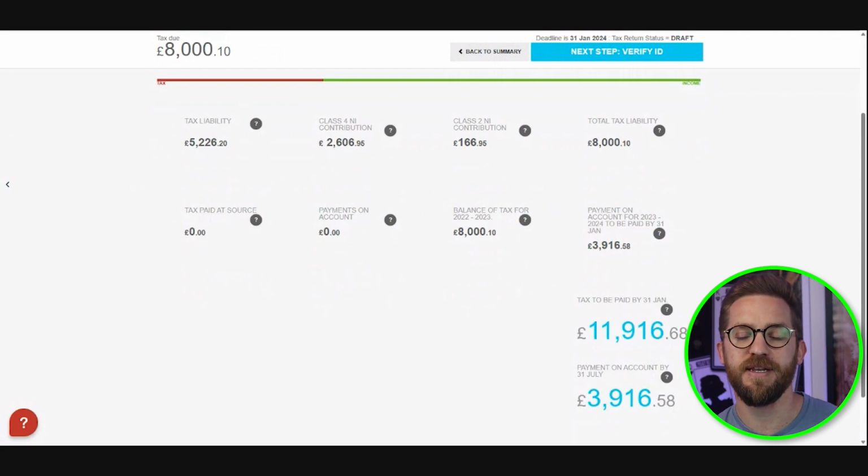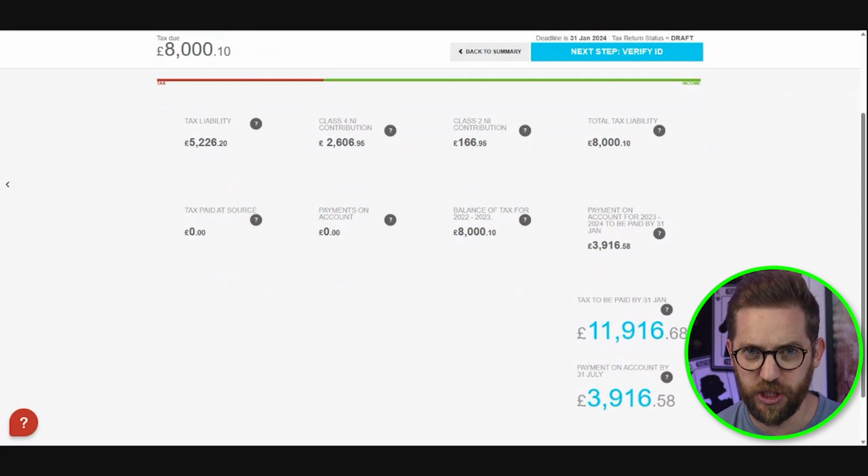Now, assuming that next year my tax situation doesn't change, I have the same amount of income, same amount of expenses, and my tax liability comes in again at £8,000, what you'd expect to see next year is these two payments on account will actually then show in this box here.